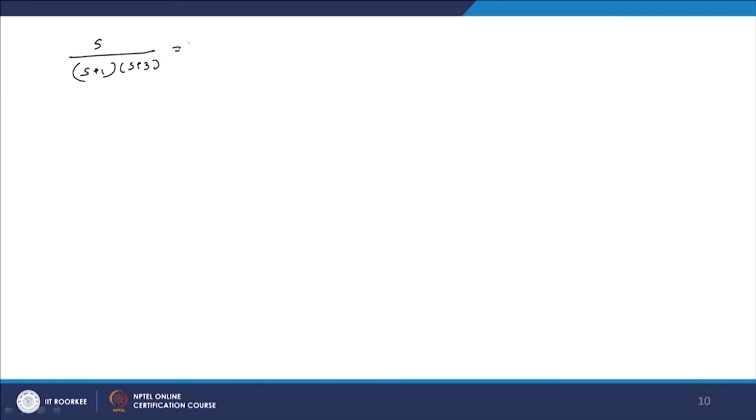If you convert this into a partial fraction expansion you will get 3 by 2 (s plus 3) minus 1 by 2 (s plus 1), and if you solve it you will get 3 by 2 e raised to minus 3t minus 1 by 2 e raised to minus t. So, all these individual transfer functions we have taken into consideration, done partial fraction expansion, and applied the inverse Laplace, and now we have got e raised to At.